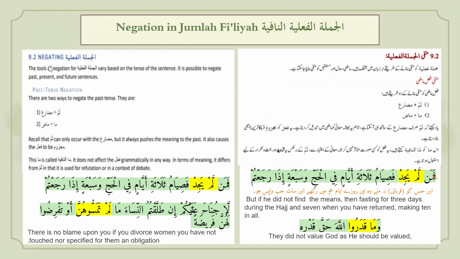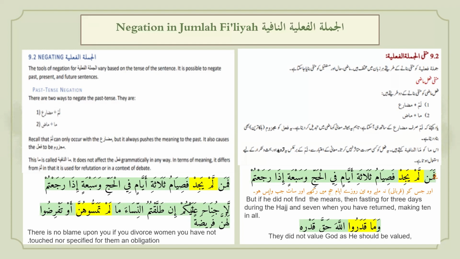Negating Jumla Fe'liya: negation of Jumla Fe'liya is based on the tense of the sentence. If the action in the sentence is happening in the present, then there would be a different tool for negation. If the action happened in the past, there can be different tools for negation.